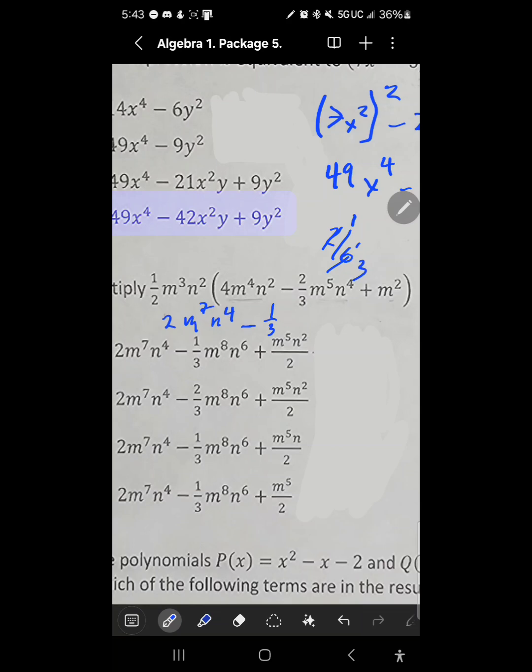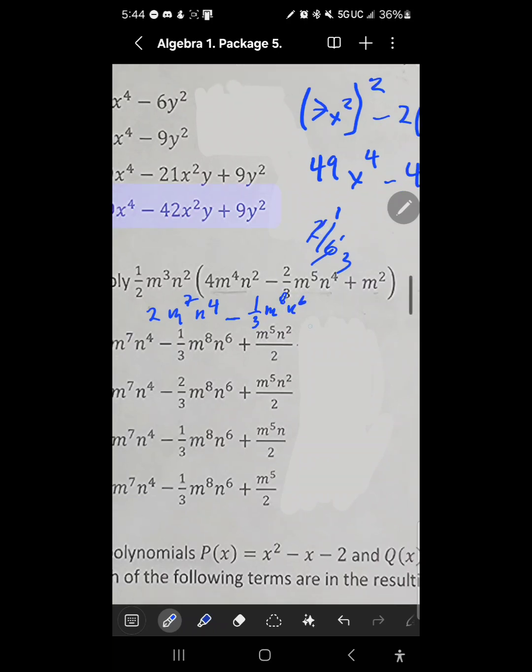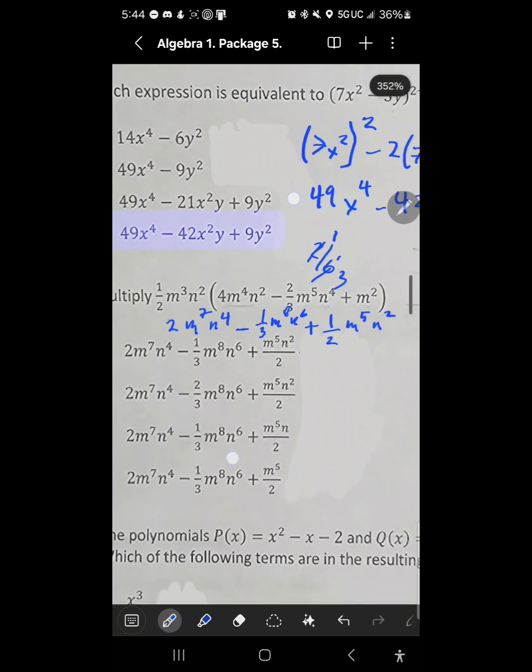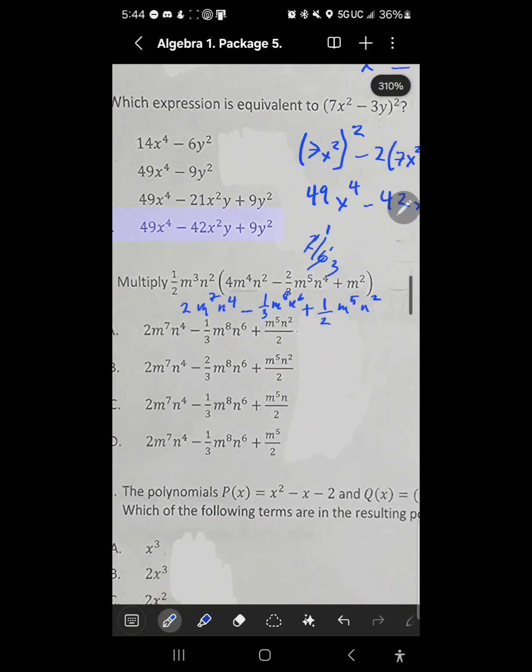So 1 over 3, and then m cubed times m to the 5, we add the exponents, so m to the 8, n squared times n to the 4 is n to the 6. And then here we just keep the sign, and we have 1 over 2, m to the 2 and 3, so m to the 5 and n squared. And this is our answer.